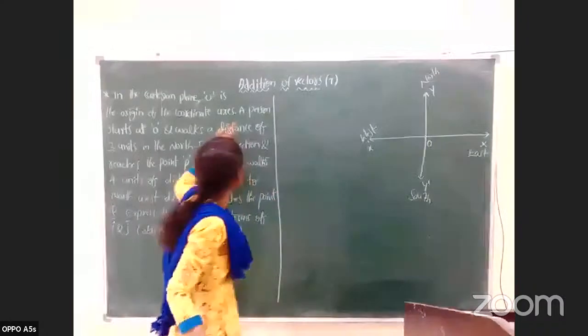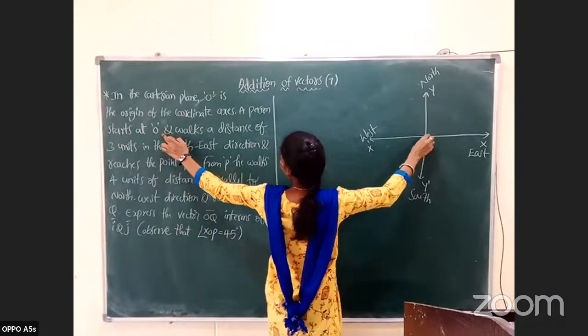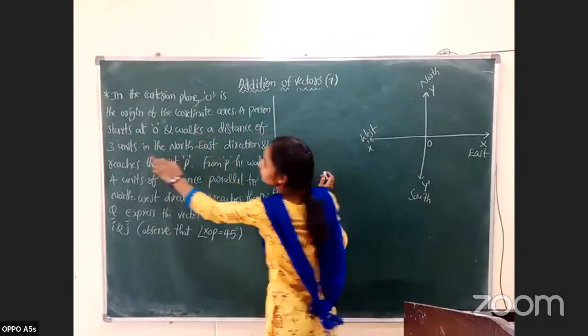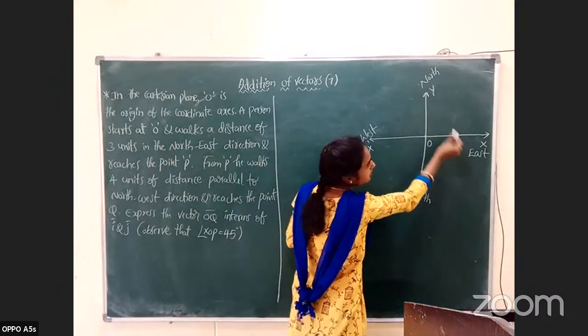So here, see, the person starts at O and walks a distance of 3 units in the northeast direction. The northeast direction is this one.